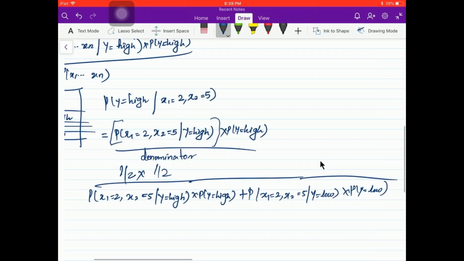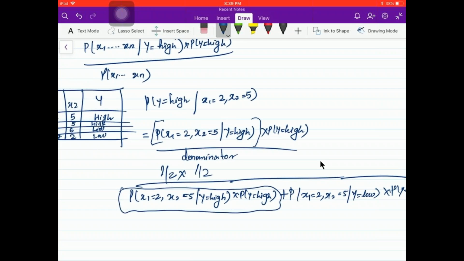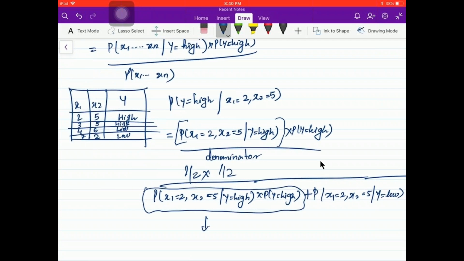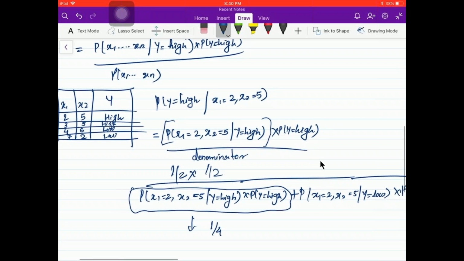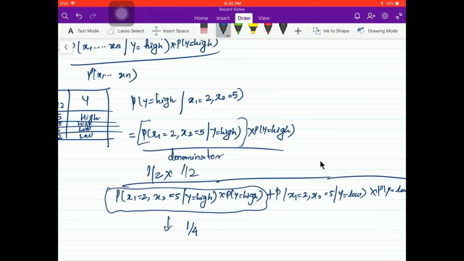Correct? So this is 1 by 4. And what is the answer on the right?